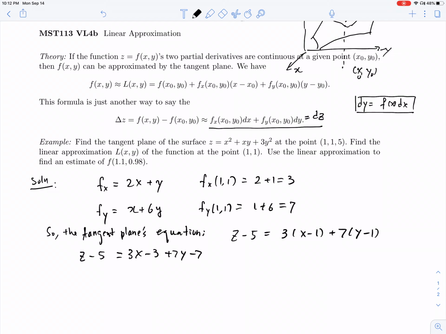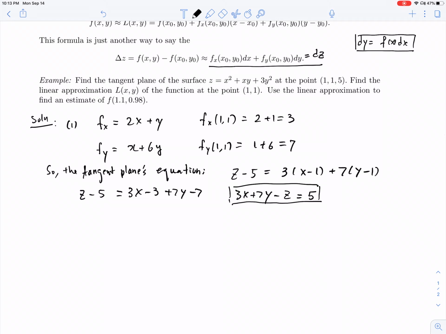What it means is that 3x plus 7y minus z is equal to, we have negative 10 on the right-hand side and negative 5 on the other side, so it is equal to 5. All right, so that's the tangent plane's equation. That's the first part.